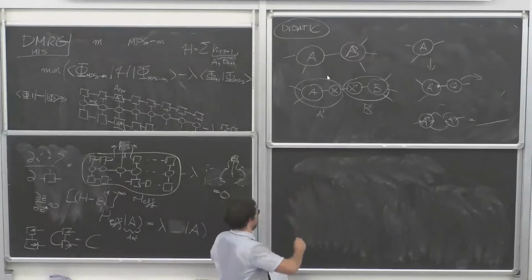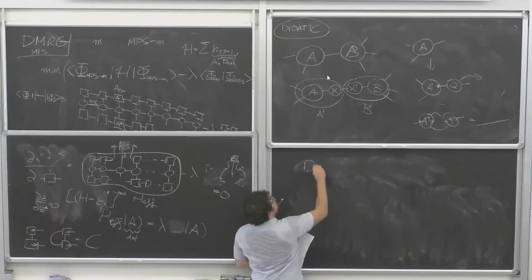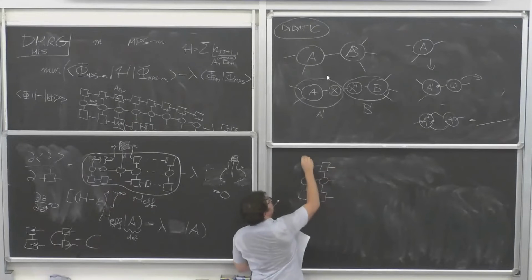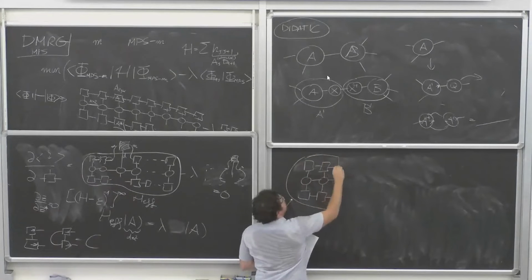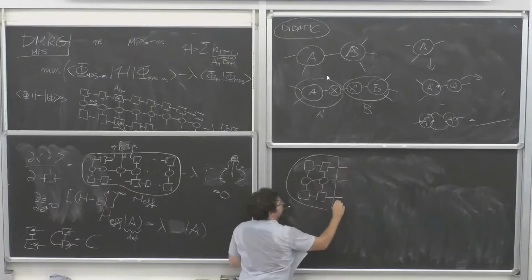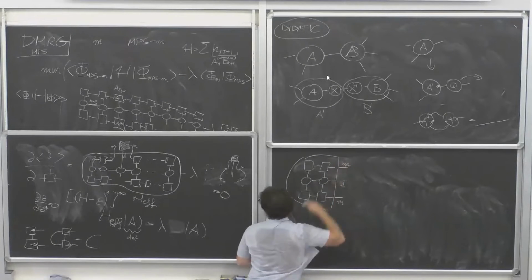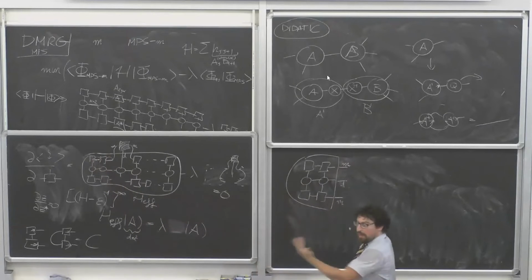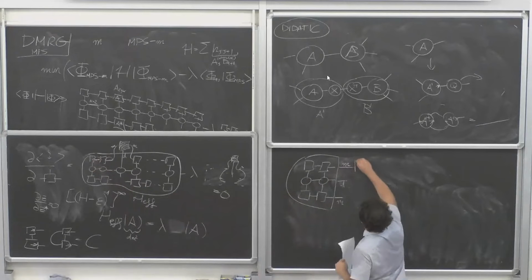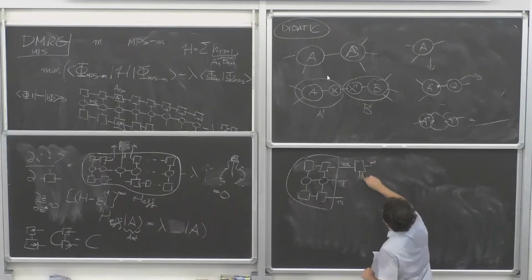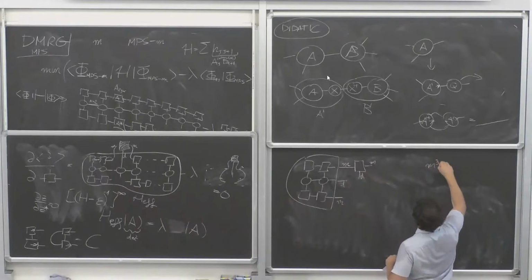Say I already absorbed up to here, and I have calculated this object that is a tensor m times d times m, and I want to eat another layer of this compound that I'm calculating from left to right. Then I have to contract it with my MPS block, and this costs m^3 d^2.